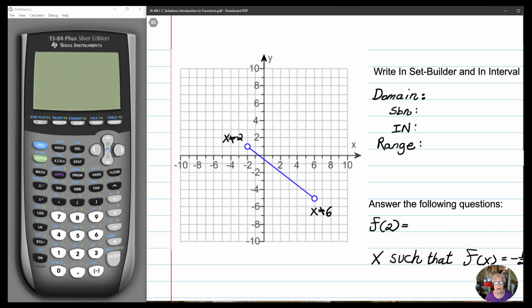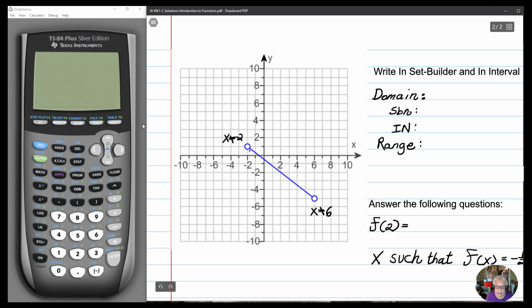Since we're talking about the domain, it only concerns the x-coordinates of the graph, which means you can find it, or graph it, on the x-axis. I'm going to make the domain blue.